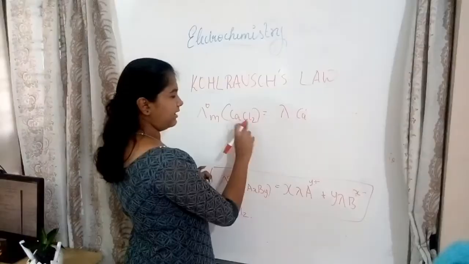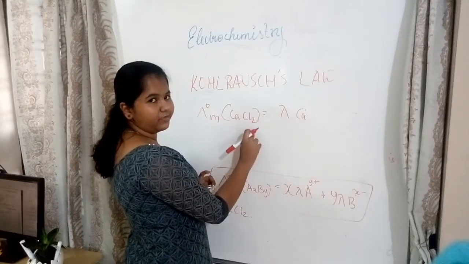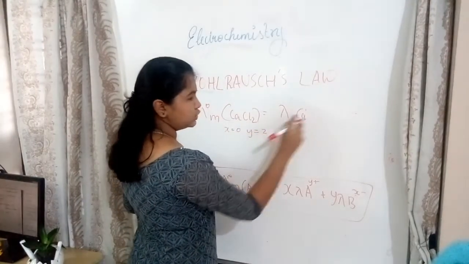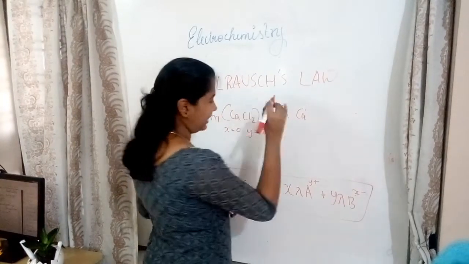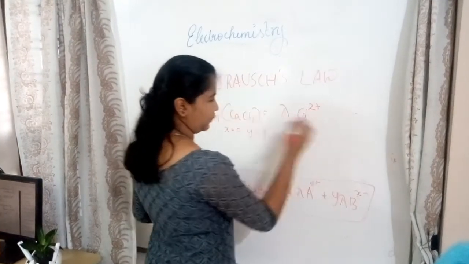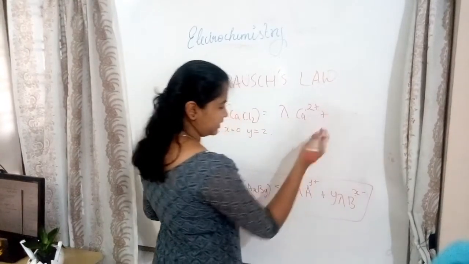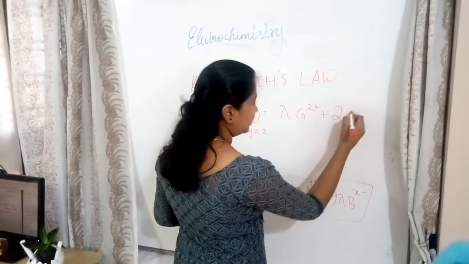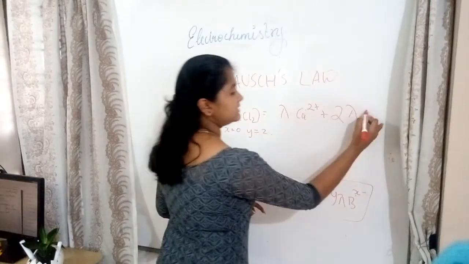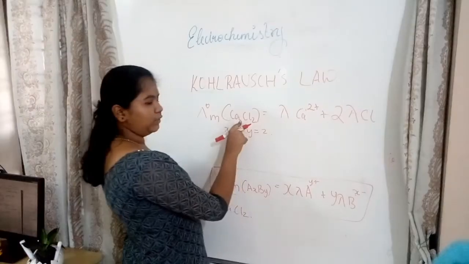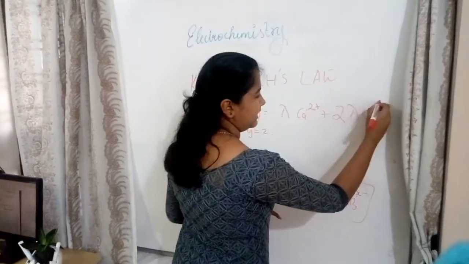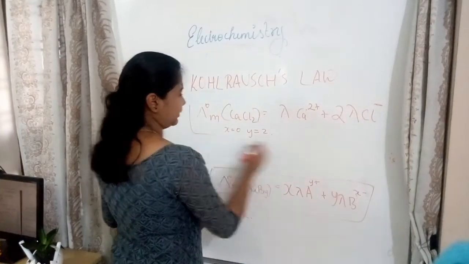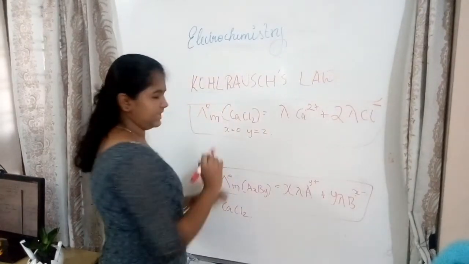What is the value of y over here? x is equal to 1 in this case, y is equal to 2. So we have to write y plus. So Ca2 plus, and what is over here? Now we have a 2 over here. So we will write it as 2 lambda Cl, and what is the value over here? It's 1. So it's Cl minus. So this is the equation, the example of CaCl2.